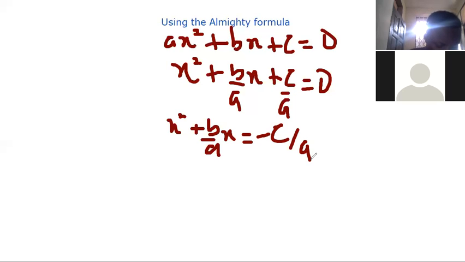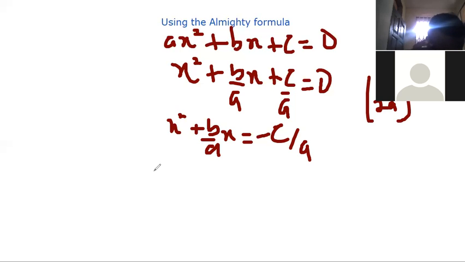Now, the next thing we are going to do is divide this coefficient by 2. So when we divide this by 2, we are going to get b all over 2a, all in brackets squared. So we are going to add this to both sides.